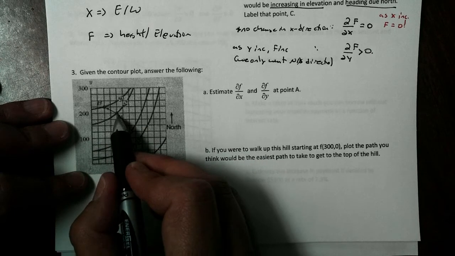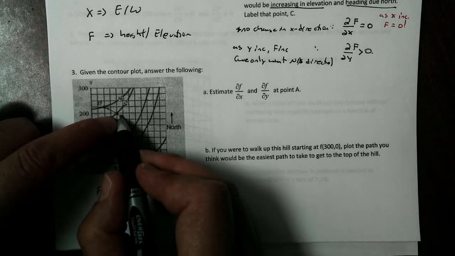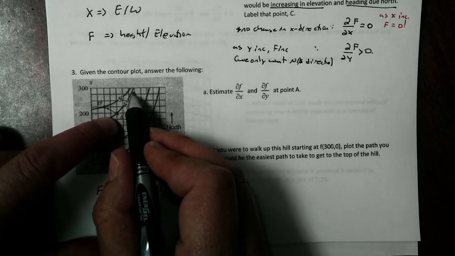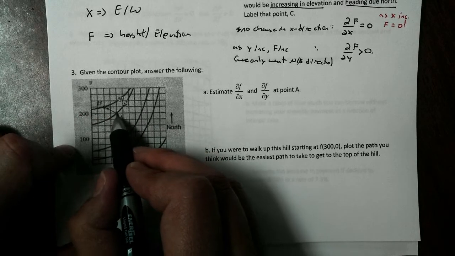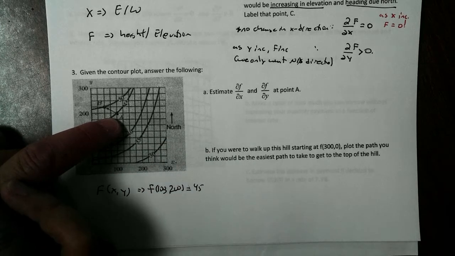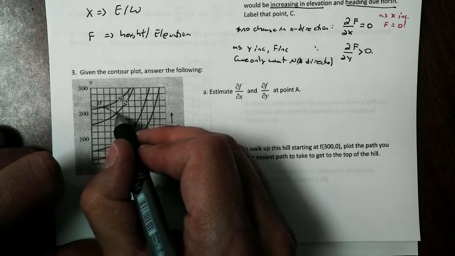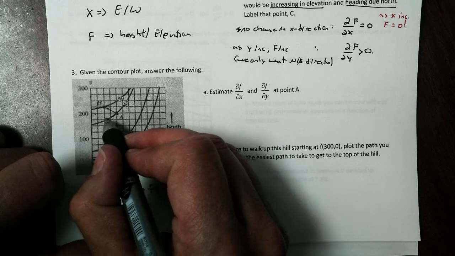So here's 100, there's 200, and that's going to put me on this contour. Well, what does that contour represent? 45. So my function value there is 45. So this contour says any point on this function has a height or a value of 45.